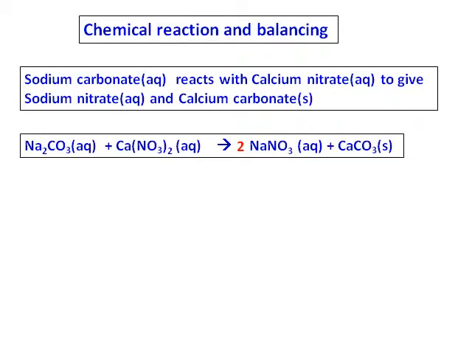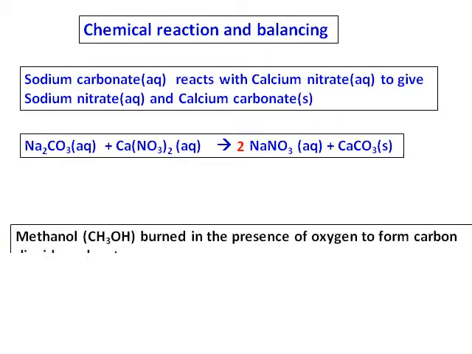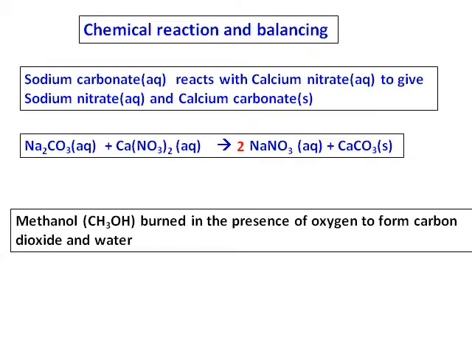So now one more, a little complicated. Methanol is burnt in the presence of oxygen, and it forms carbon dioxide and water. The equation is CH3OH plus oxygen gives you CO2 plus H2O.